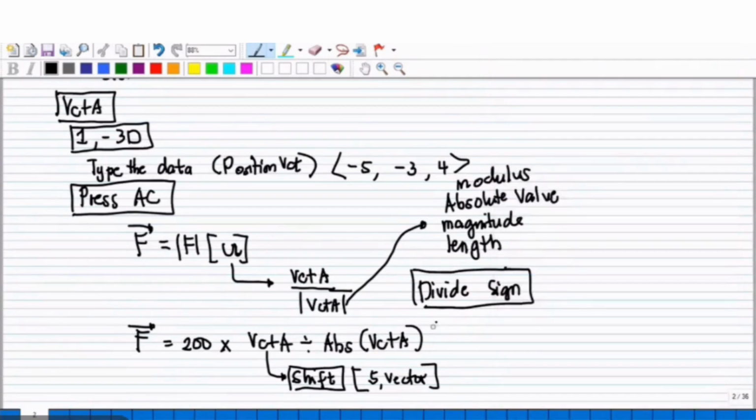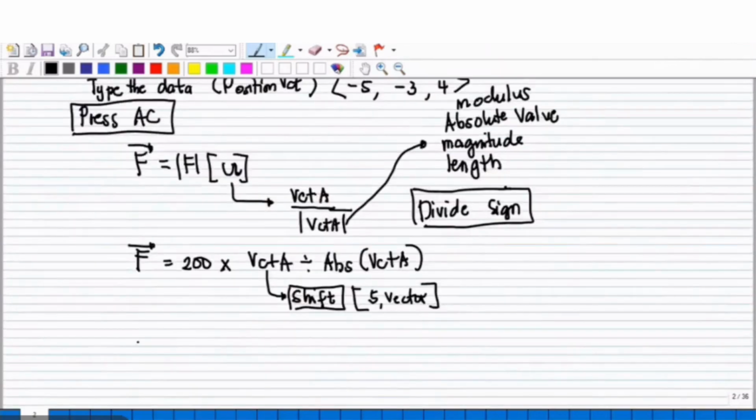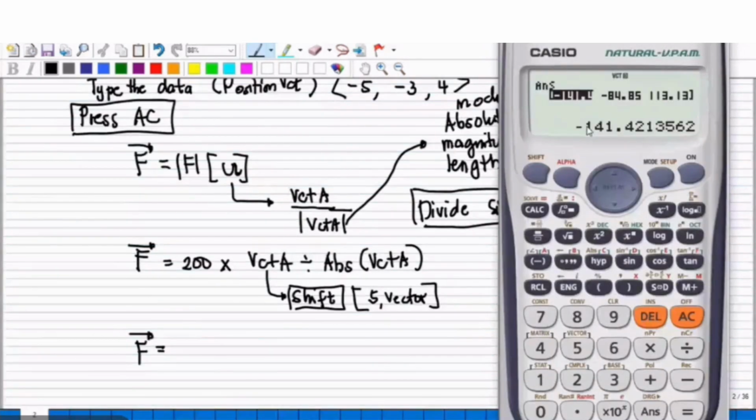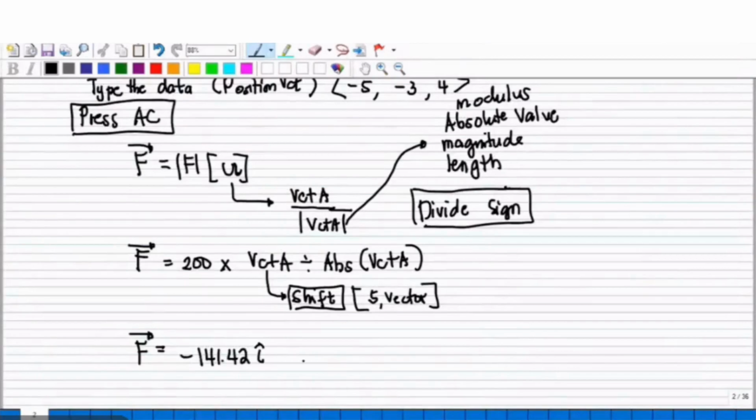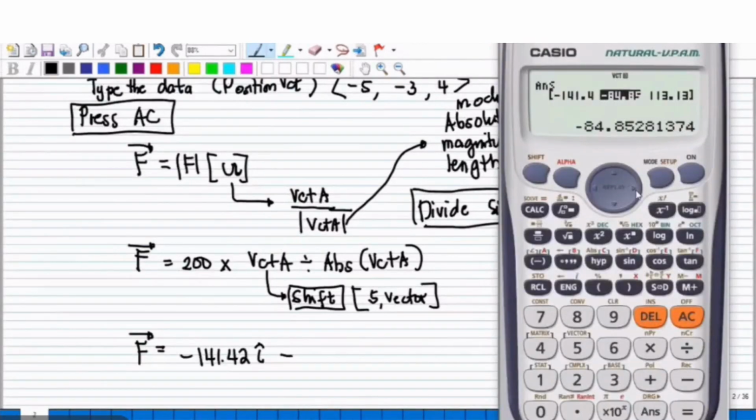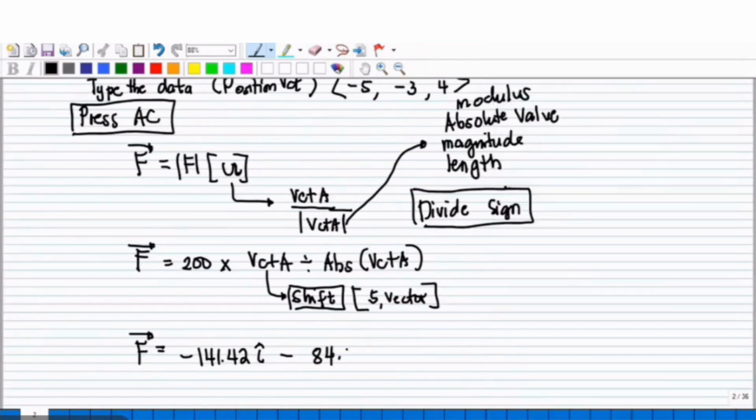Ayan. So, it will show now the complete vector. Take note ating i, so that is negative 141.42. So this is on the i direction, minus negative 84.80. So this is in the y direction or j.